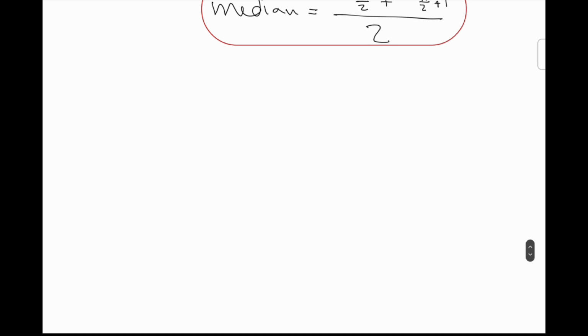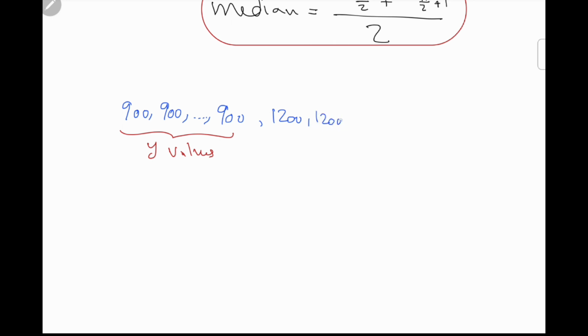So we have y values of 900, and then right after it, the 1,200 computers, and we have 4 values.